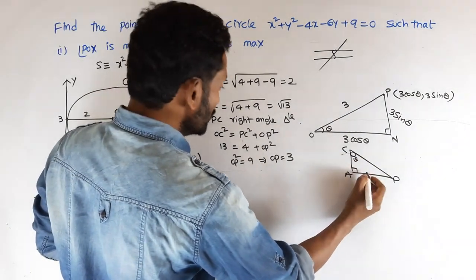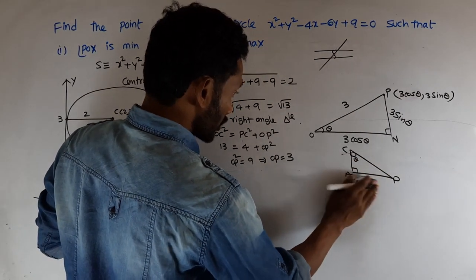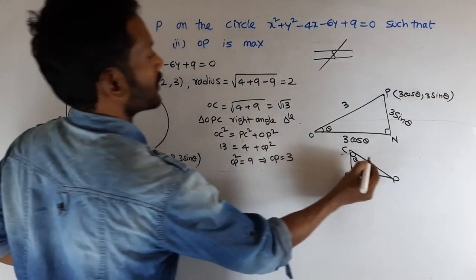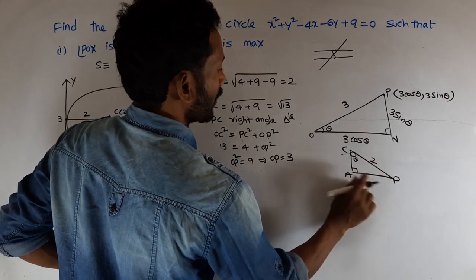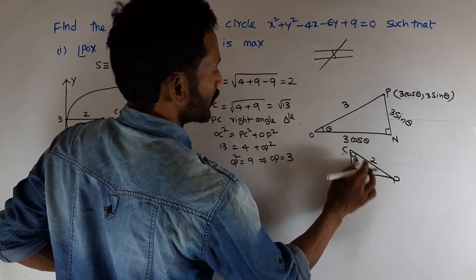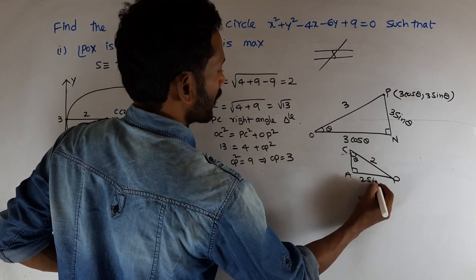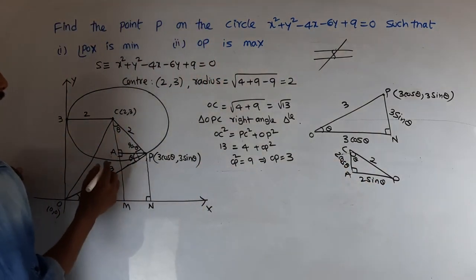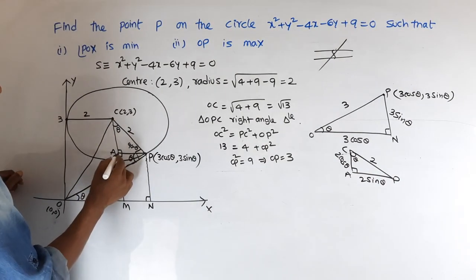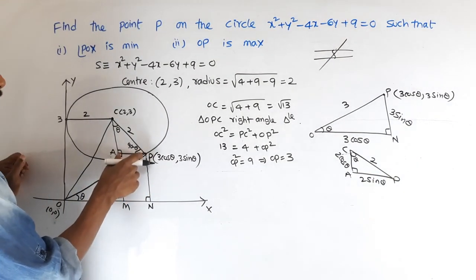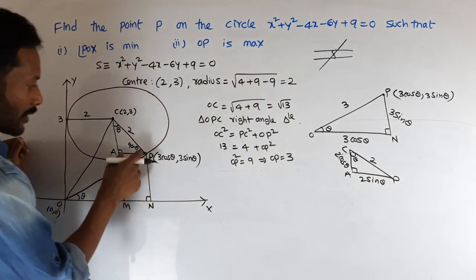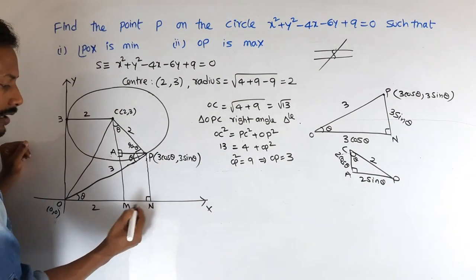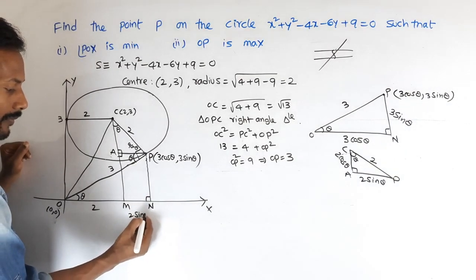Opposite to theta, with CP the radius, which is 2, AP is 2 sin theta, and the adjacent side is 2 cos theta. So AP equals MN, and MN is also 2 sin theta.